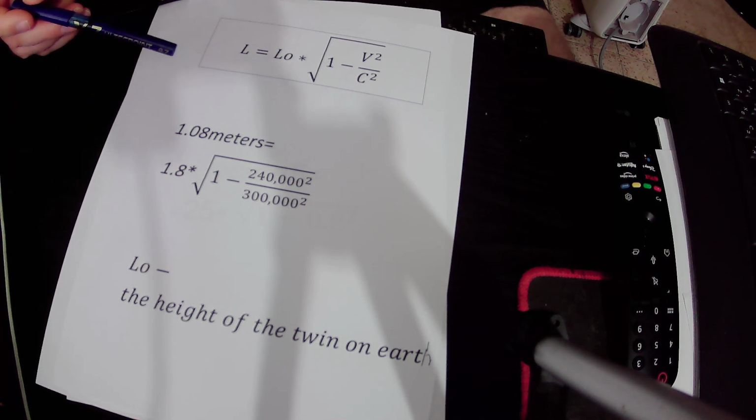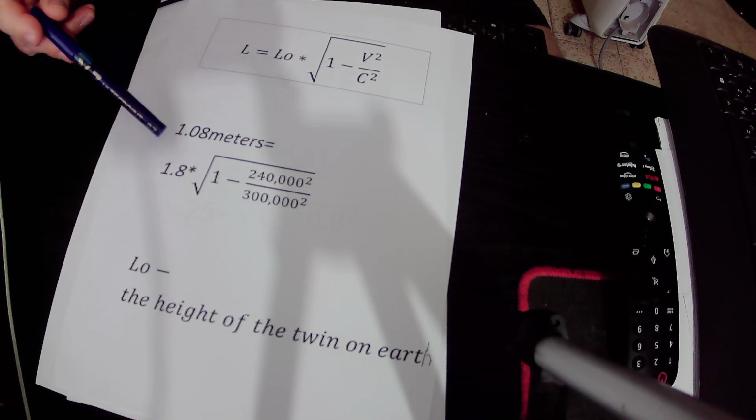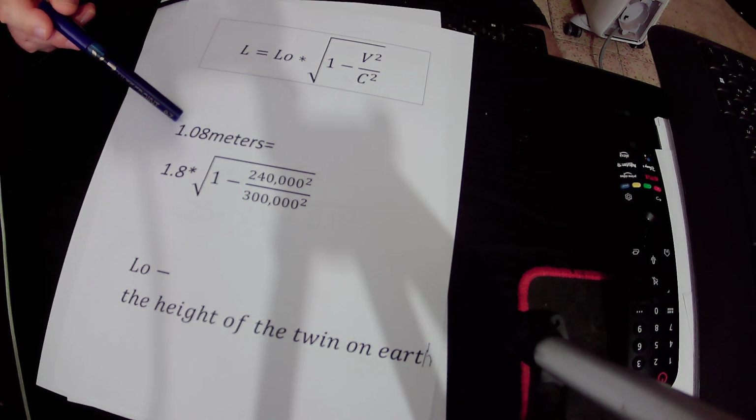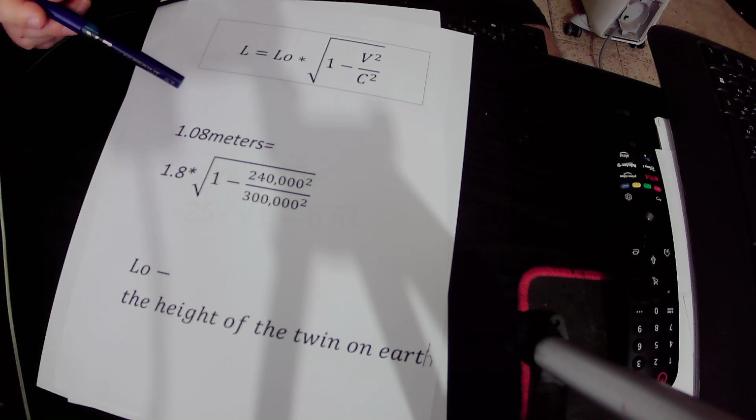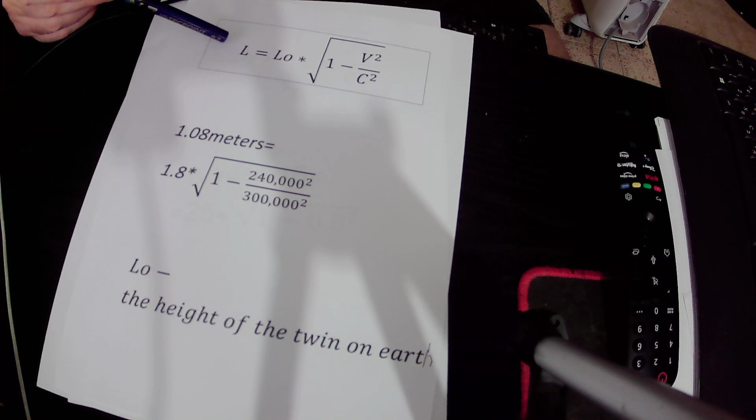And if on Earth his height is 1.8 meters, then from the point of view of the twin brother who remains on Earth, the height of the twin brother in the spacecraft shrinks to only 1.08 meters. So L is the height of the brother after it shrinks, because he is moving at very high speed in space.